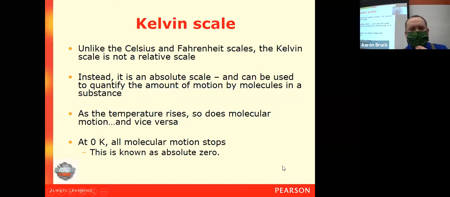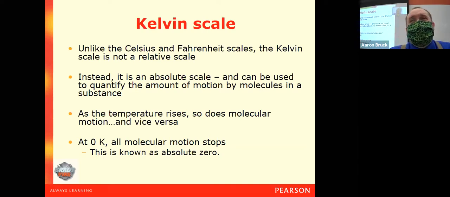Now, as far as temperature is concerned, we're probably most familiar with two different temperature scales. Here in the United States, the most common and popular is the Fahrenheit scale, which for most temperatures on most given days is used for our weather.